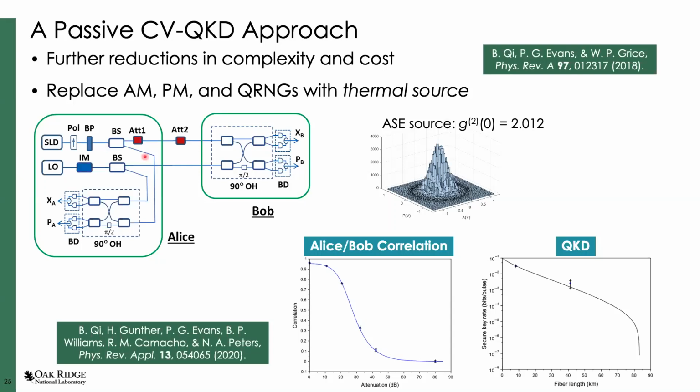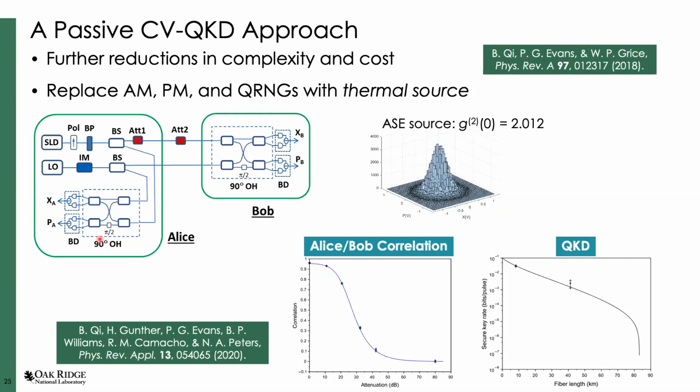We take most of that light and immediately detect it in a dual homodyne detector, so we're measuring the amplitude and phase fluctuations and recording those as a function of time. Since those are random, we can attenuate the other portion of that light and transmit it to Bob, and then Bob can measure those amplitude and phase fluctuations basically as a quantum signal, because we attenuated it and sent it over the channel. And so what this gives us is the ability to have a passively encoded continuous variable transmitter.